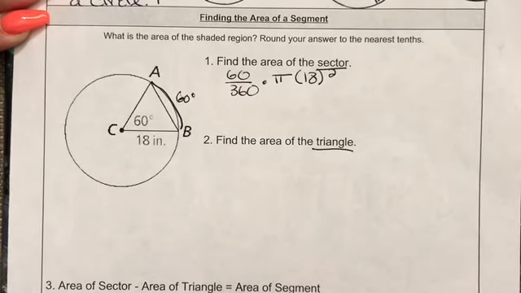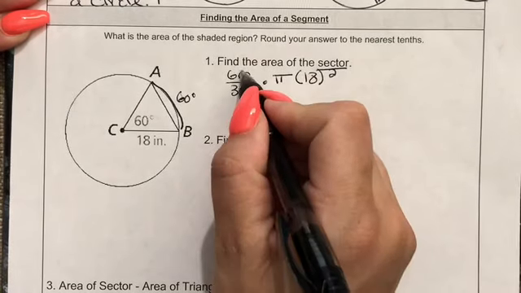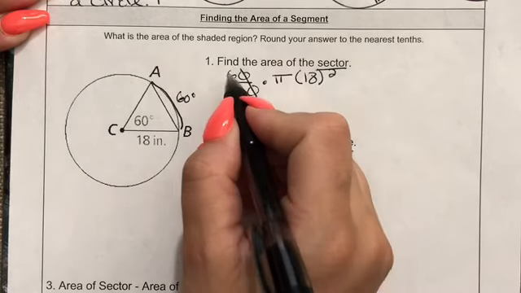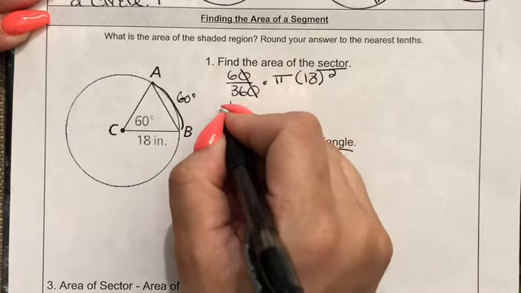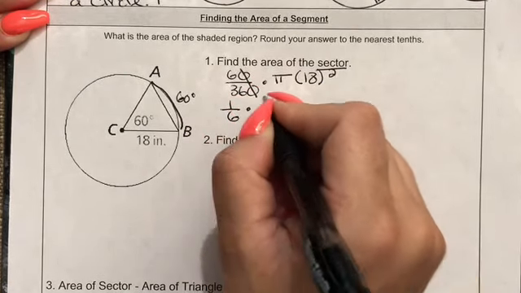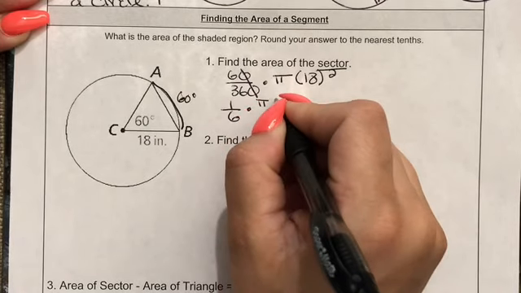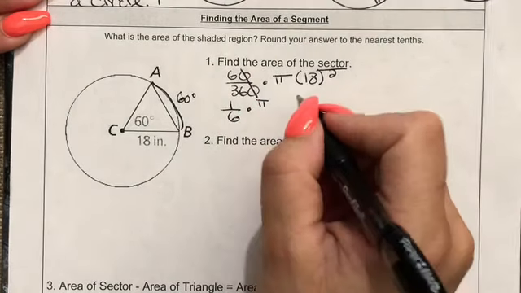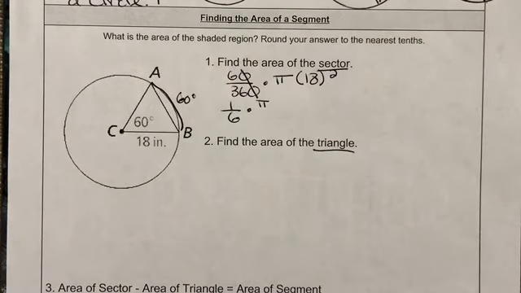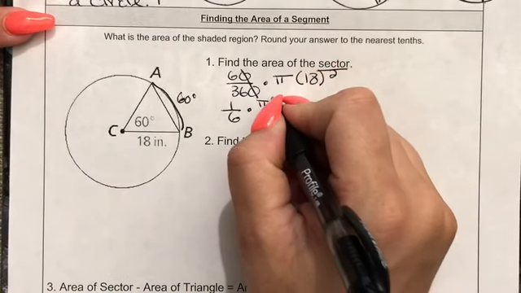So I'm going to try and simplify it as much as possible. Again, I can cross those out. 6 over 36 gives me 1 over 6 times pi times 18 squared, and 18 times 18 is 324.